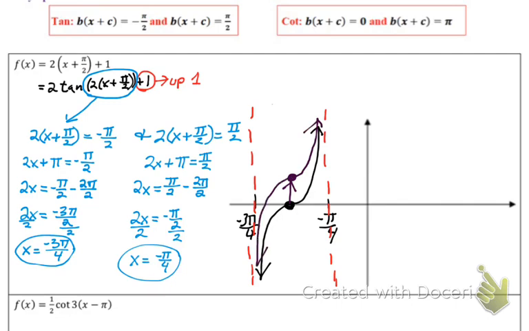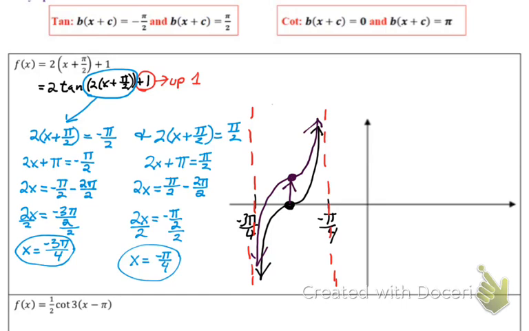But that is my up 1. So all I did is this adjusts the period and your shift to both of your vertical asymptotes. And as long as you know what tangent looks like, you're done. You just draw those two lines, and you shift up and down.